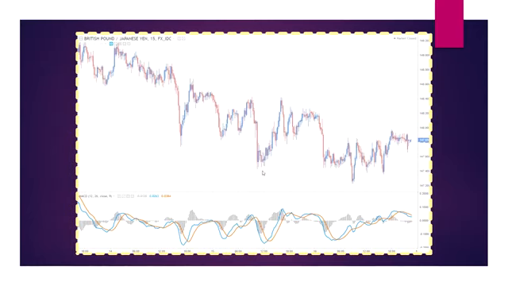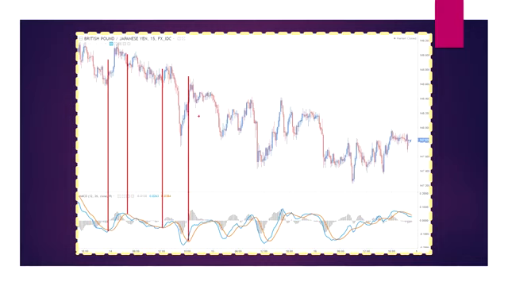I'm not going to go much into divergences since we already talked about this. But the second thing you should be looking for is to wait for the crossover of those two MACD lines to happen, because that can tell you that there can be a short-term change in a trend.